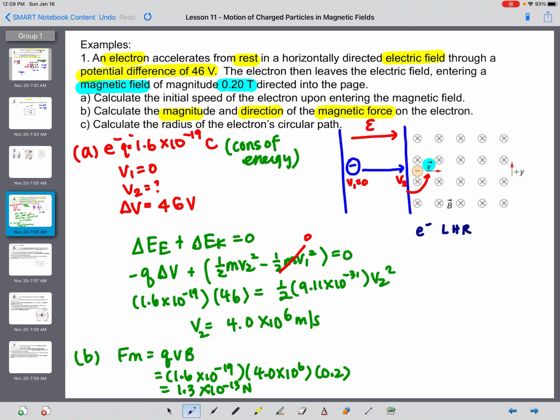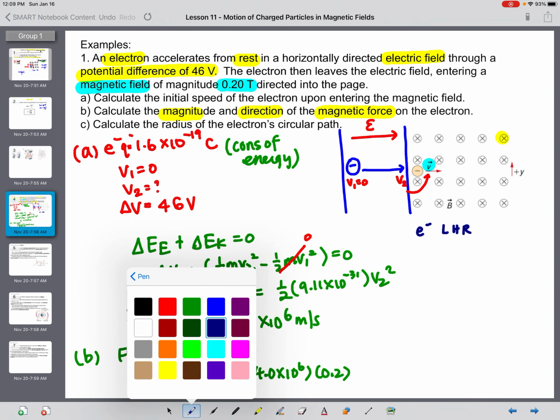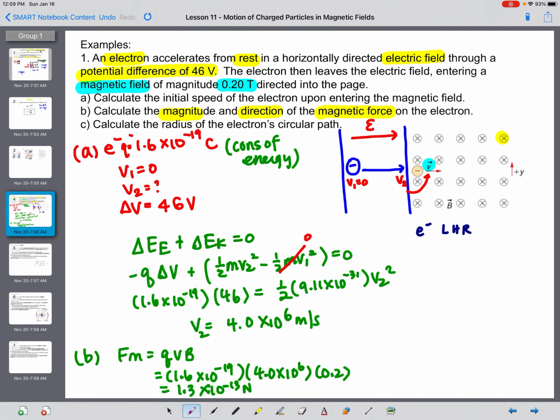Your fingers, your open palm fingers, the X represents what I'm actually pointing towards. So this is the magnetic field, which is my fingers, and it is going into the page.